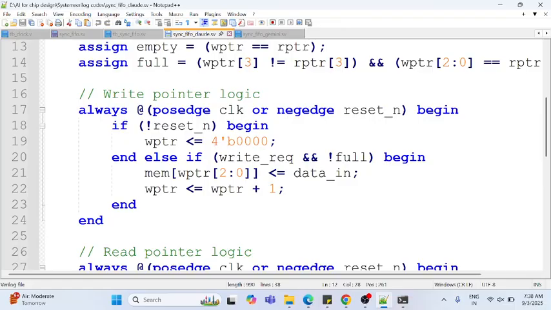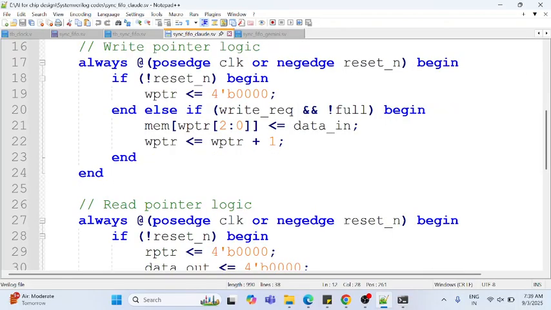Suppose you want to write it differently. These are the things we have to understand: how properly we are giving the prompt. We'll discuss that later also. I have not given any instruction that it should be a synchronous reset or asynchronous reset, but it has assumed asynchronous reset.